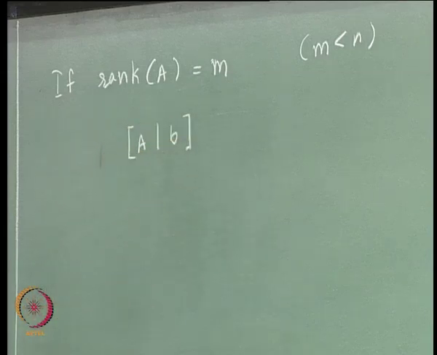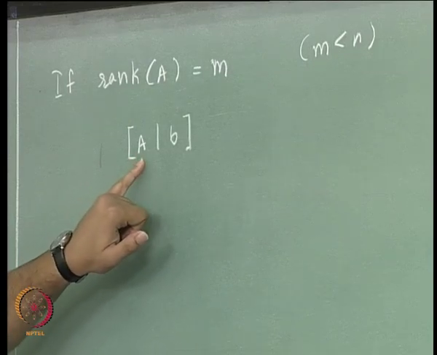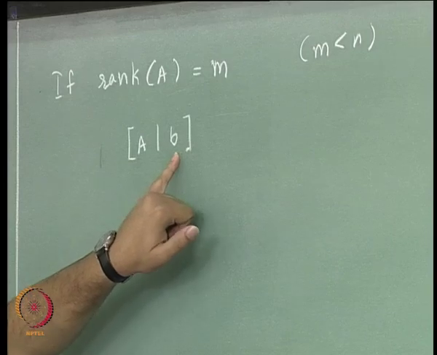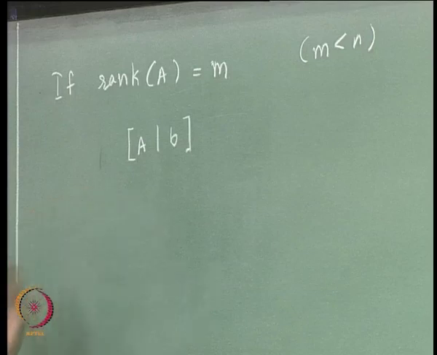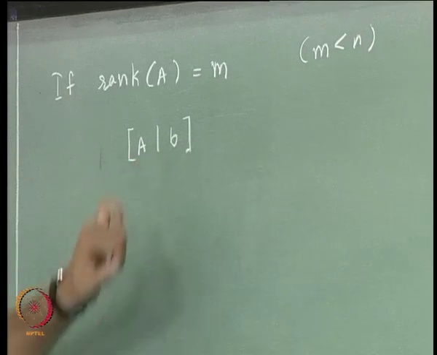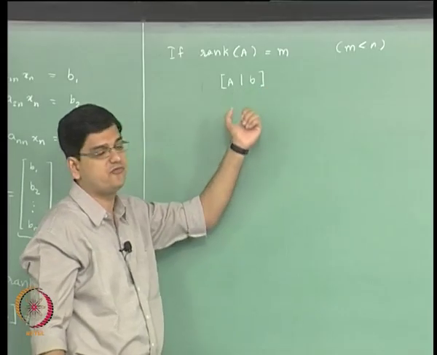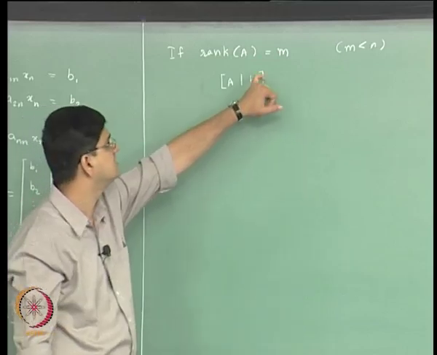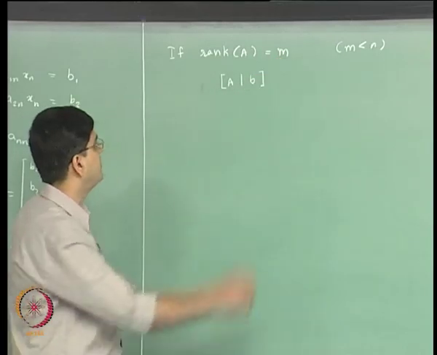What we mean by this is that the first n columns contain the n columns of A and the n plus 1th column contains the vector B. So this is a new matrix that is formed by horizontally concatenating the matrix with the vector. Now if we create a matrix of this form, if the rank of this matrix is equal to M, the same as what we had over here, then we will have infinite number of solutions.